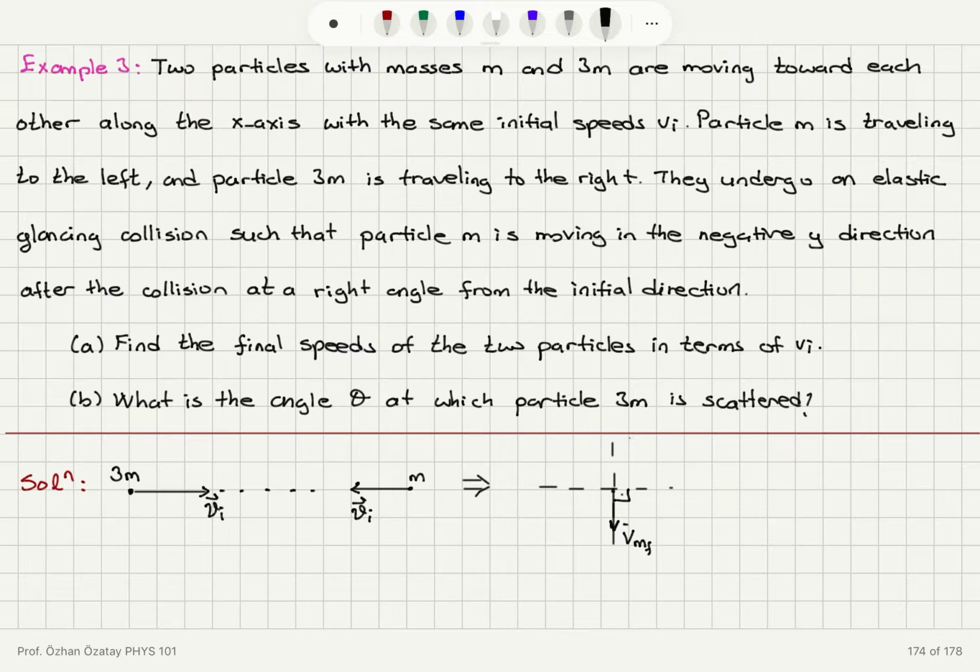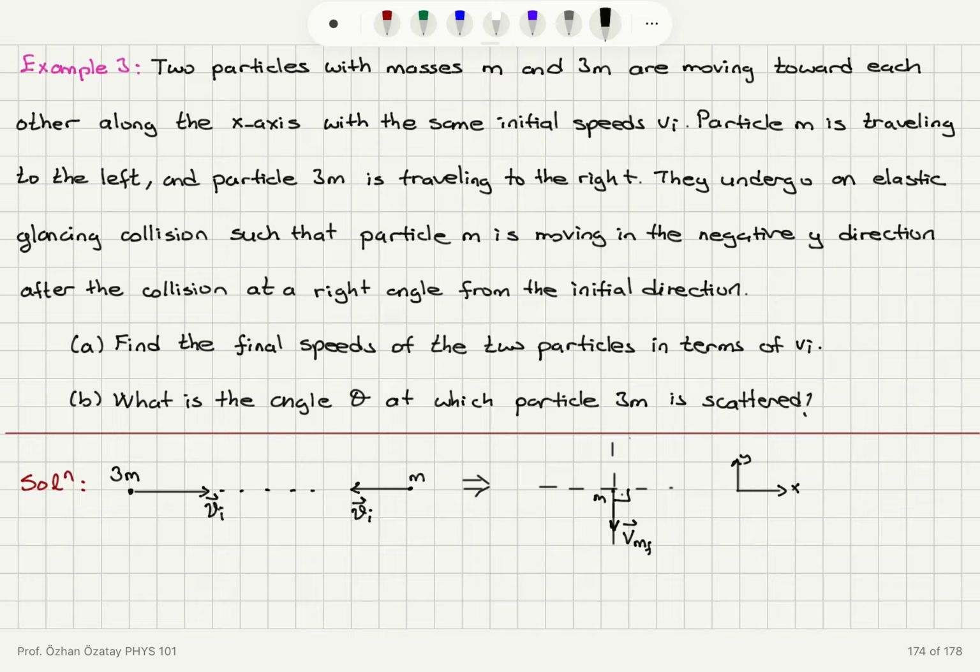This is Vm final, particle with mass m. And let me note that this is my y-axis, this is my x-axis, orthogonal axes. Find the final speeds of the two particles in terms of the initial speed vi. What is the angle theta at which particle 3m is scattered?